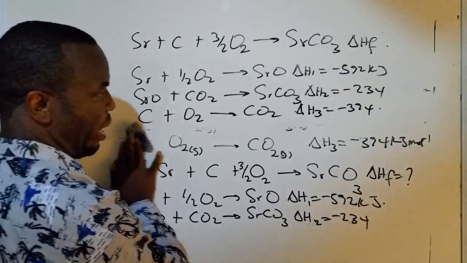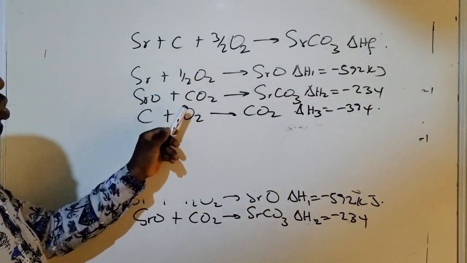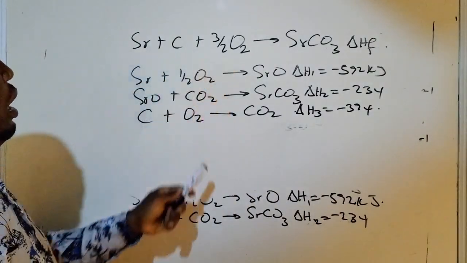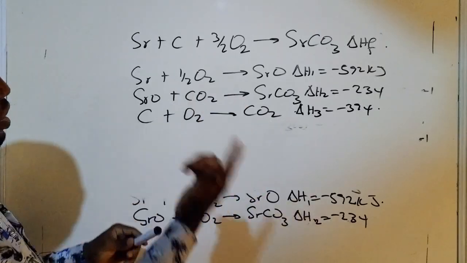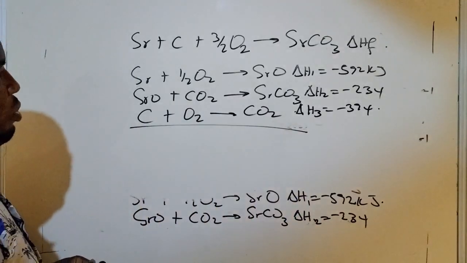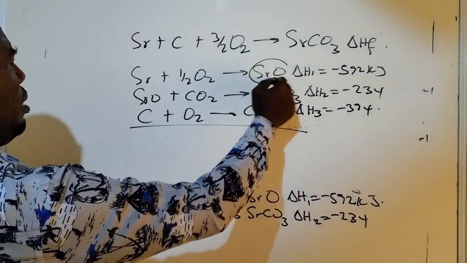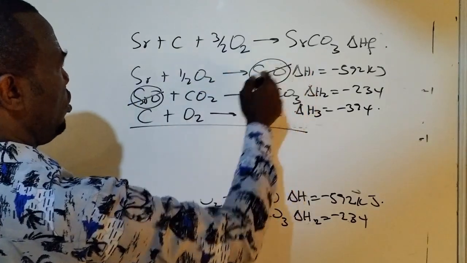To confirm whether we are right, I'm going to add these three equations to see whether I get the overall equation. If I don't get this, that means I'm wrong, and I'll go back and manipulate the equations again. So how do we add? First of all, check the substances on both sides. Look at strontium oxide here and here. They cancel out.